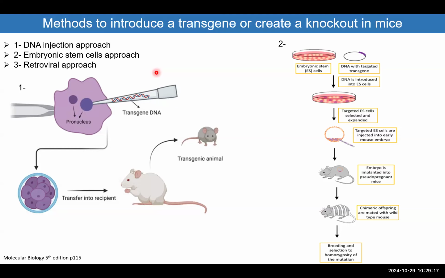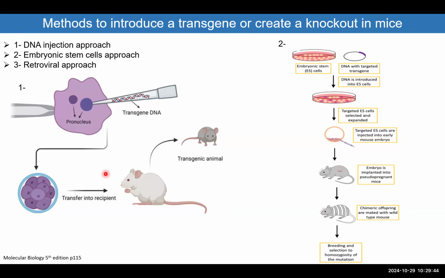But the knockout, because you are modifying the genome, you are not introducing something new but you are still modifying the genome. So it's still transgenesis, but it's a specific type of transgenesis. So we will discuss 2 methods, the DNA injection and the embryonic stem cell approach.